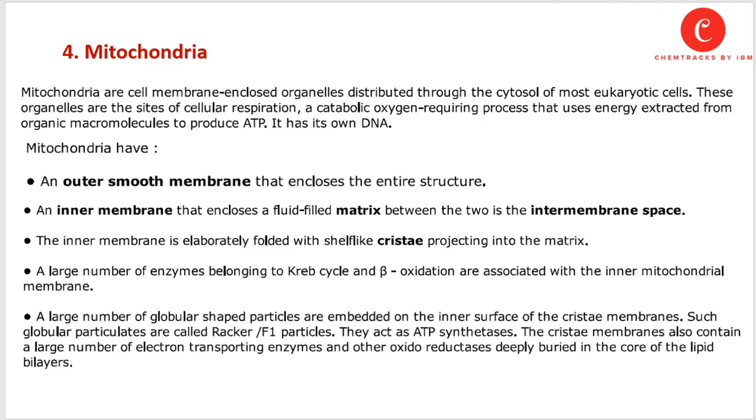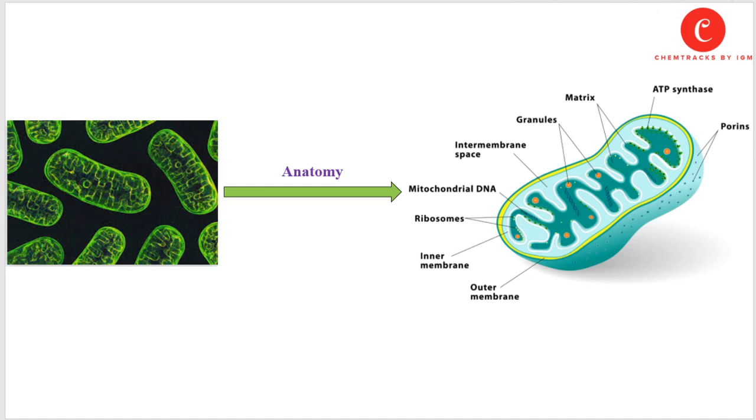This is the diagram of mitochondria. In diagram 1 you can see the appearance of mitochondria, and when we see mitochondria under a microscope, or when we discuss the anatomy of mitochondria, you can clearly see the difference between the mitochondrial inner and outer membrane, the matrix of mitochondria, and the intermembrane space, and mitochondria contain their own DNA.